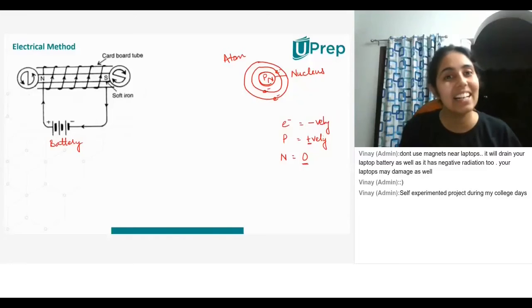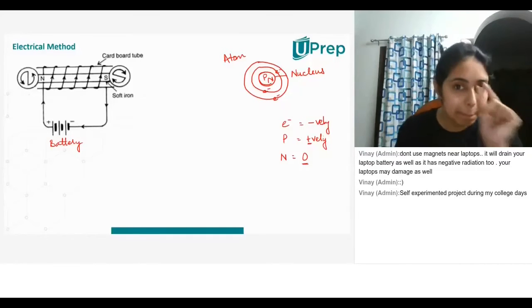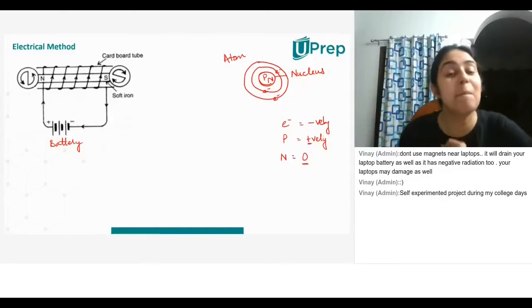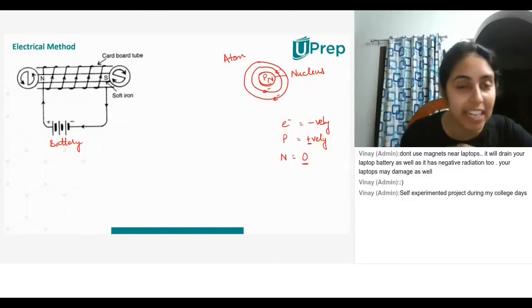That's not possible with our eyes. That is how small an atom is. So it is impossible for us to see an atom with our naked eye.